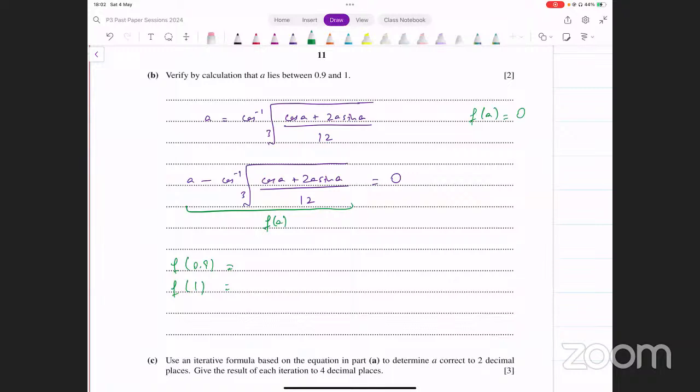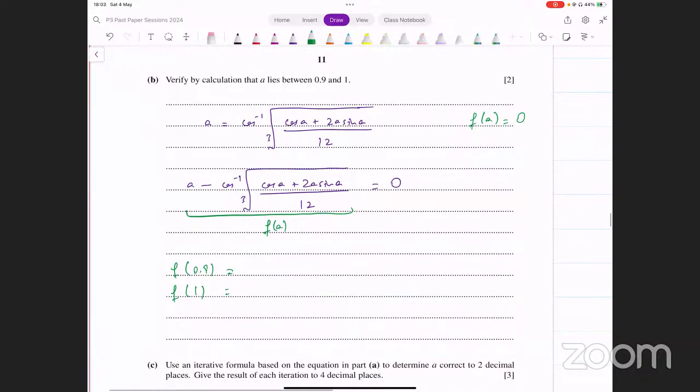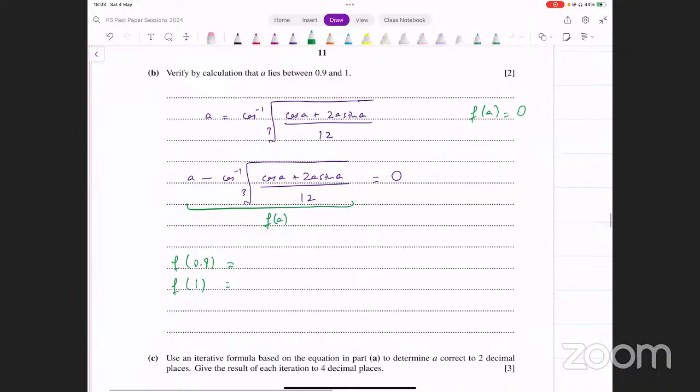Can anyone try this for me? What do you get at 0.9 and what do you get at 1? Make sure your calculator is in radian mode.